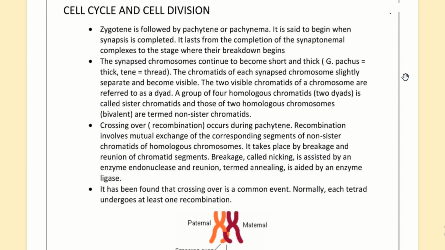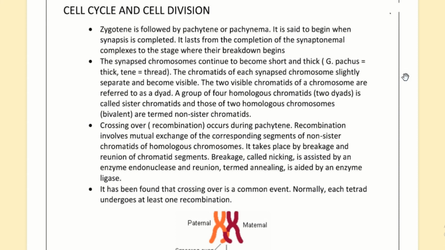The two visible chromatids of a chromosome are referred to as a dyad. A group of four homologous chromatids, two dyads, is called a tetrad. The chromatids of the same chromosome are called sister chromatids, and those of two homologous chromosomes are termed non-sister chromatids. Crossing over recombination occurs during pachytene.